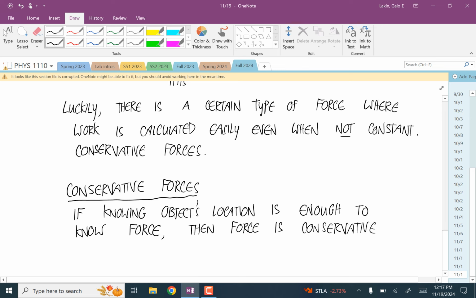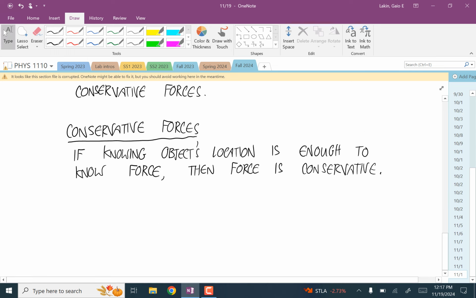You'll sometimes also hear conservative forces talked about as having a force field. So that's another way of saying conservative forces. So let's put this in here, force field. And really the term force field is a nice descriptive way of understanding what a conservative force is. So what happens when you're in a field of daisies? A field of daisies means wherever you go in the field, you can reach down and there's a daisy there.